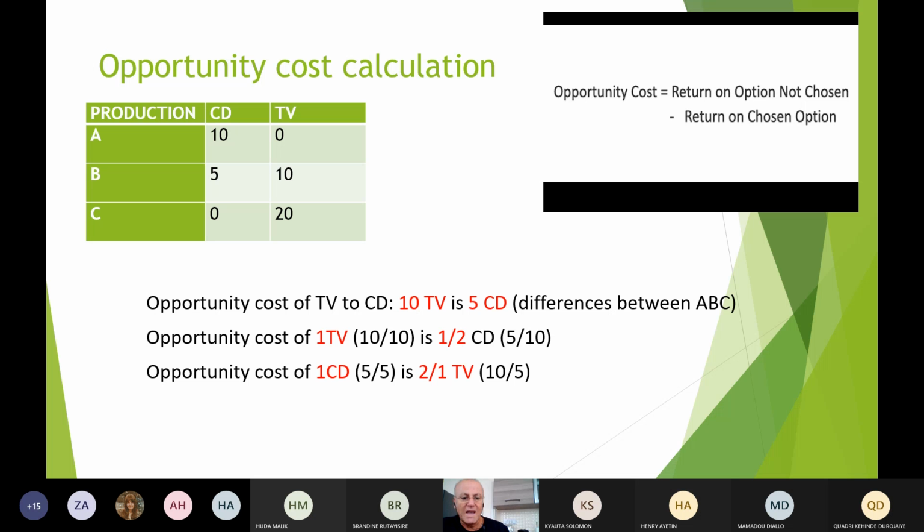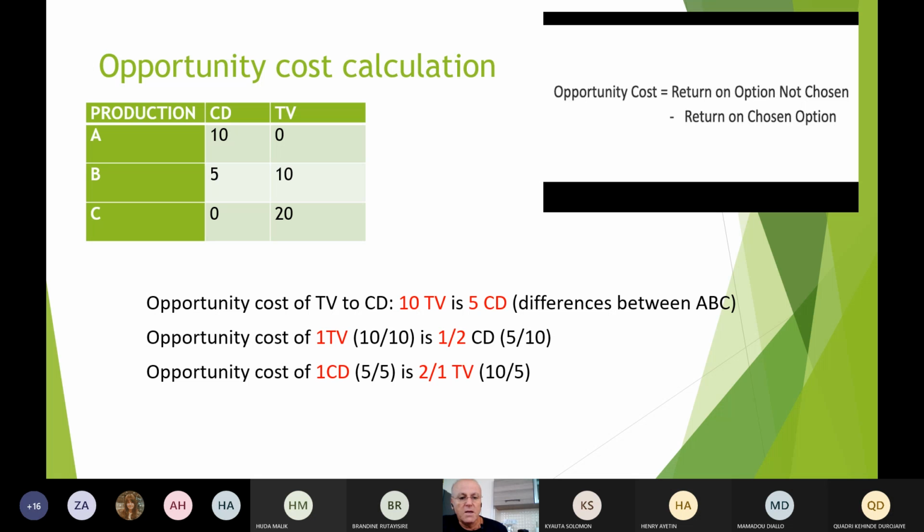The opportunity cost is the move from A to B, and you have to give up something to get something. Therefore, the return on the option not chosen and the return on the chosen option will be subtracted to get the opportunity cost. Here the production is given for A, B, C, and of course the two products given in this example are CD and TV, as I have given to you in the former graphic.